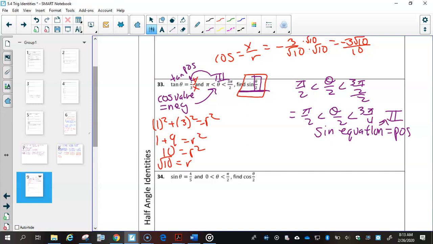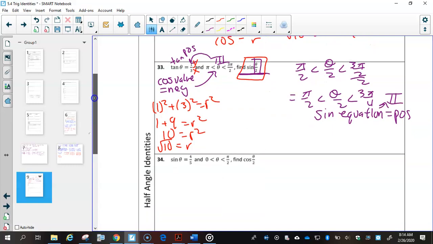So that is cosine's value. Now we can put that in sine's equation and find sine. It's a lot, I know.